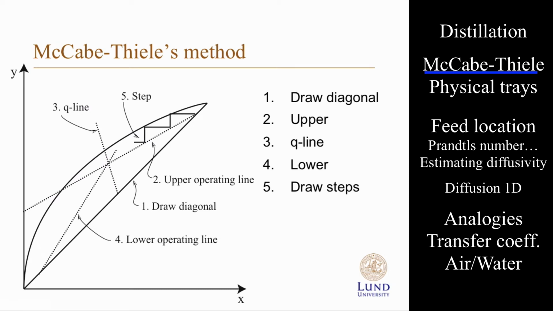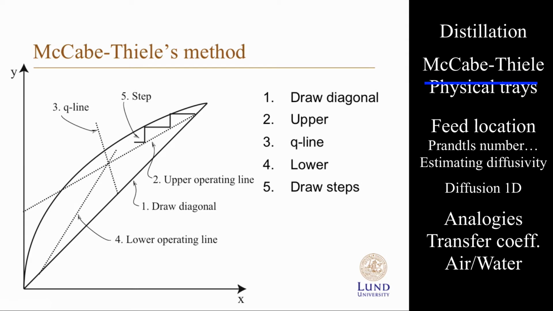In McCabe-Thiele's graphical method, we drew the diagonal, and then the upper operating line, the lower operating line, and the Q line. And well, if we're naughty, we could give you an example where you have to draw them in another order. But this is essentially the way we do it in this course. A more difficult question would be to say, okay, you have this distillation column, it has so and so many physical trays.